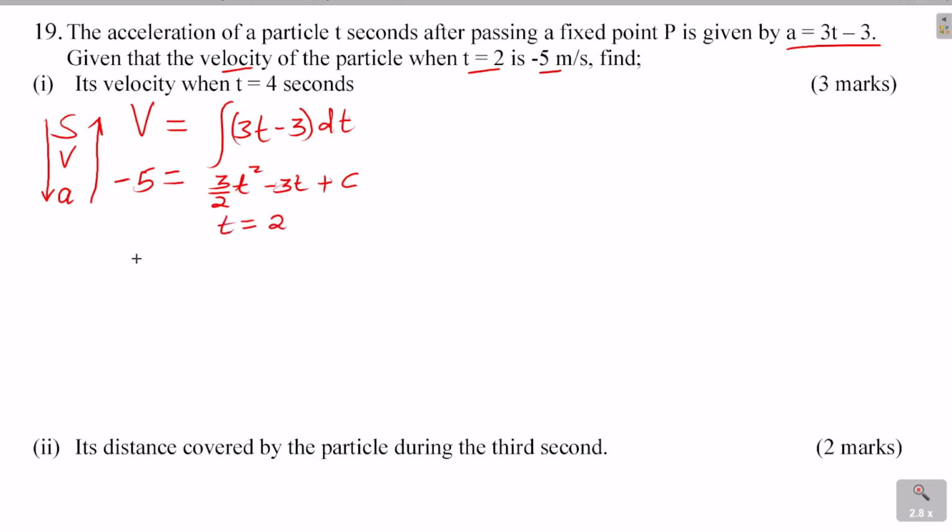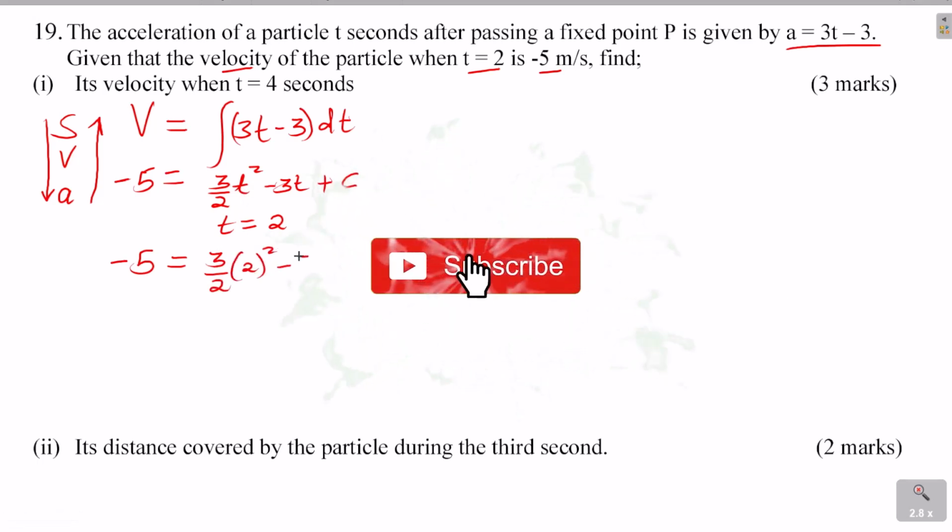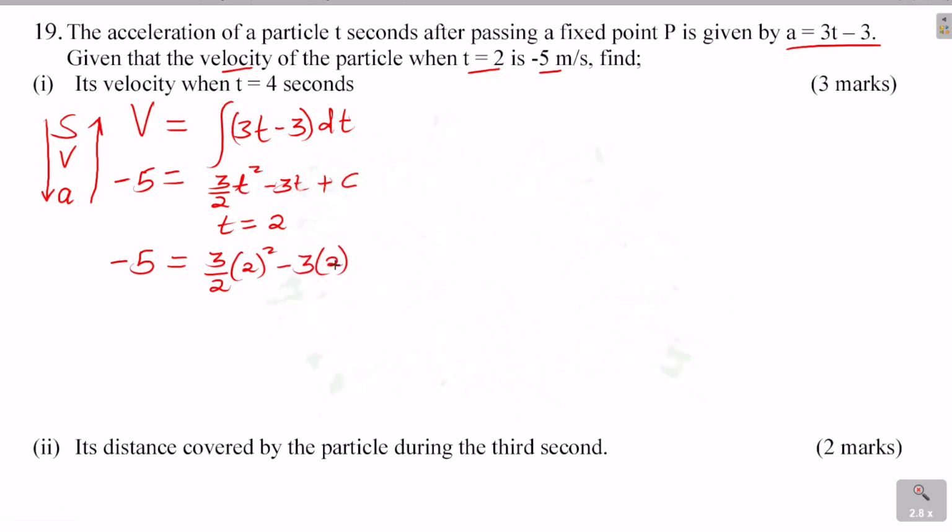So you're going to substitute. -5 equals, we substitute t with 2, so we shall have 3/2 times 2 squared minus 3 times 2, plus c.